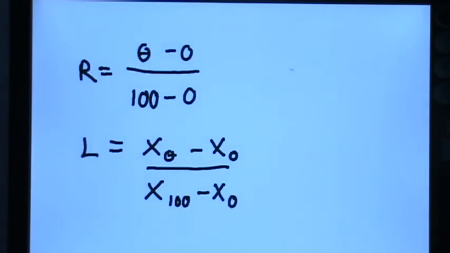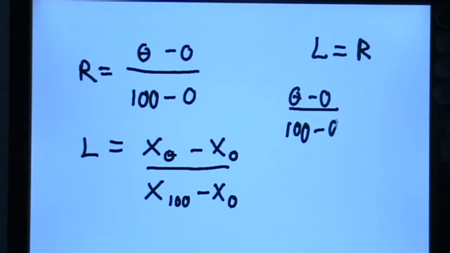So what we can write is left equals to right. So you could write something like this: theta minus 0 over 100 minus 0 equals x theta minus x0 over x100 minus x0. Okay, let's try some example.